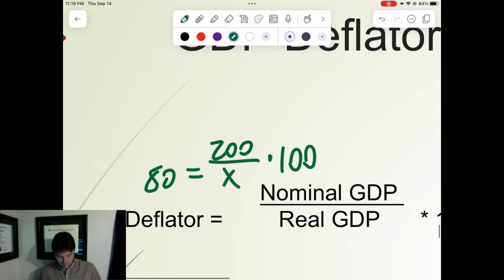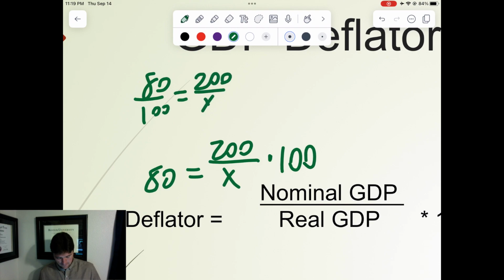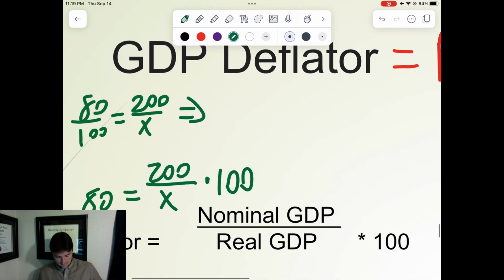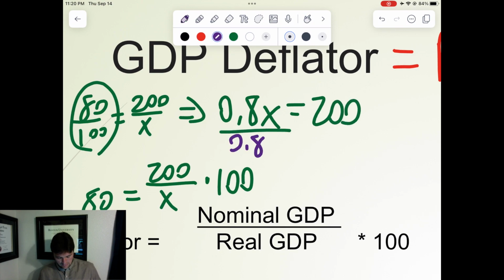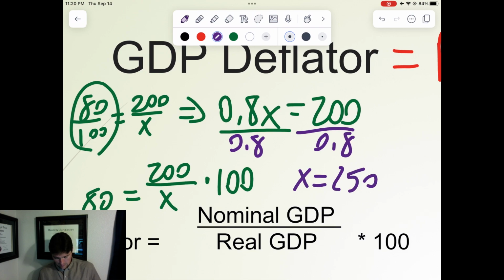So we'll divide both sides by 100, we will multiply by x on both sides, and we'll divide, so that'll be 0.8x is equal to 200, so x is equal to 200 divided by 0.8, which is 250.